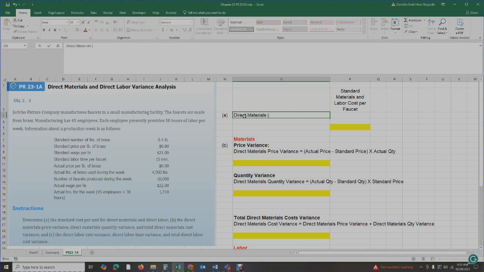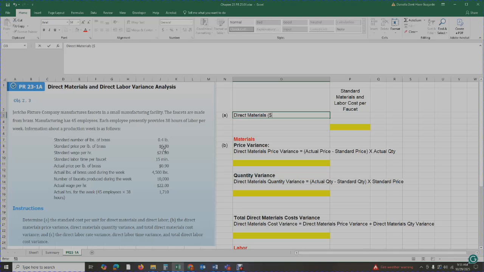So according to the problem, it is going to take us 0.4 pounds of brass to make one faucet, okay? And the cost of that 0.4 pounds of brass is going to be 80 cents, okay? So what are we going to do?